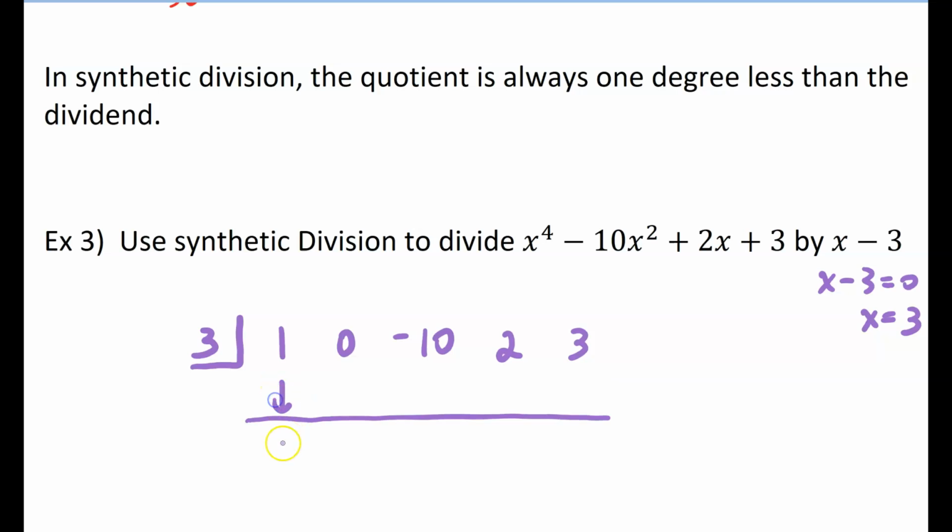1 carries down. Remember, first term always carries down. Now I say 3 times 1 is 3. 0 plus 3 is 3, times 3 is 9; negative 10 plus 9 is negative 1. 3 times negative 1 is negative 3; 2 minus 3 is negative 1. 3 times negative 1 is negative 3; 3 minus 3 is 0.